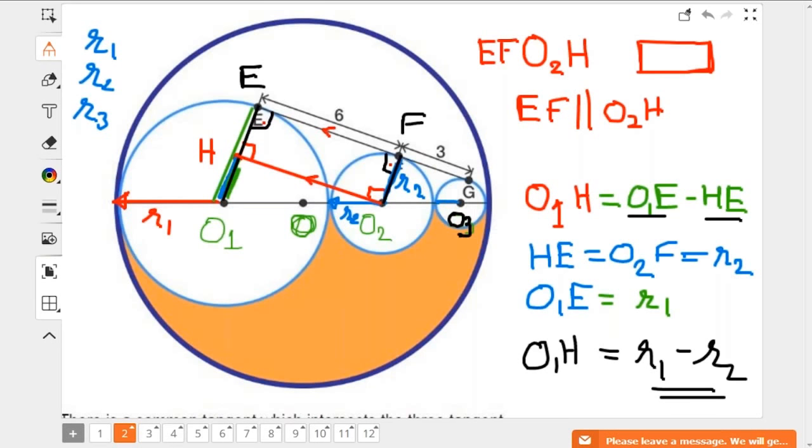Now, why did we do this? What was the need for doing this? Think. Correct. So one side now we have got as R1 minus R2, and what will be O1O2? The hypotenuse.